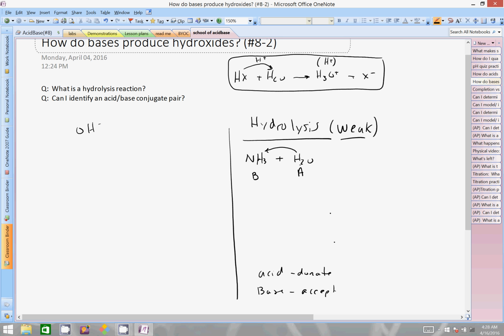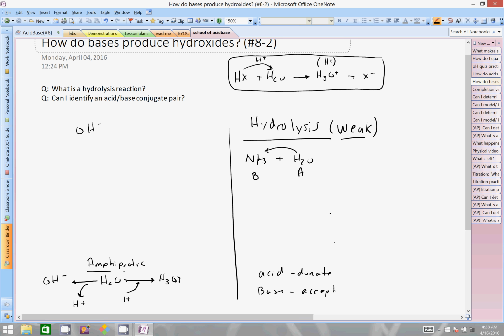Now the water is donating, so the water is either going to accept an H plus to go to H3O plus, or it's going to donate to form OH negative. Something that can both accept and donate, or chemically react like an acid or like a base, we call amphoteric. I'm thinking like amphibian. It does both land and water.